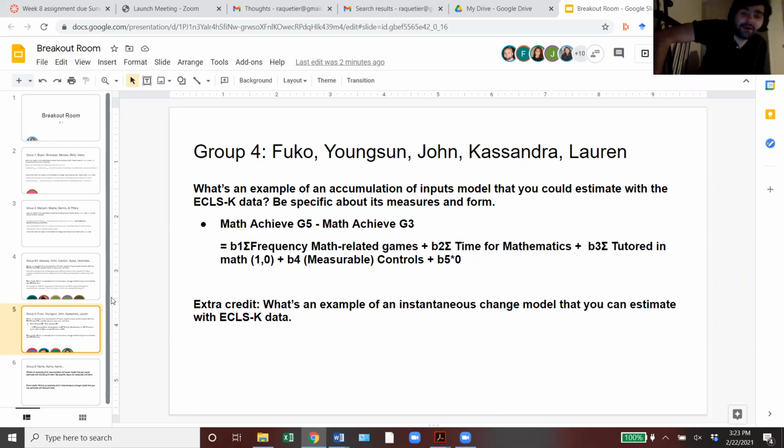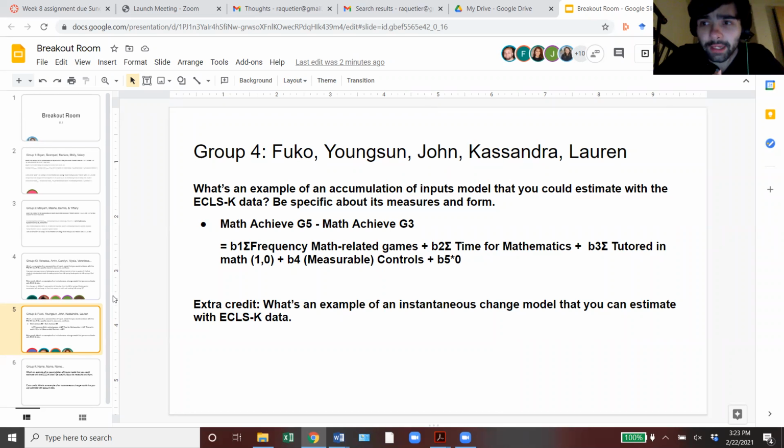All right, cool. So we decided to use math achievement as our y variable, and I guess the challenge for us was coming up with a series of independent variables that would relate to this dependent variable. So we have a little bit of a mix here. We have said that some of the frequency related math games done in the class between grade 5 and grade 3, plus the time for mathematics, plus whether or not a student was tutored in math in a categorical variable, plus unknown controls would be a way to measure achievement in the classroom.